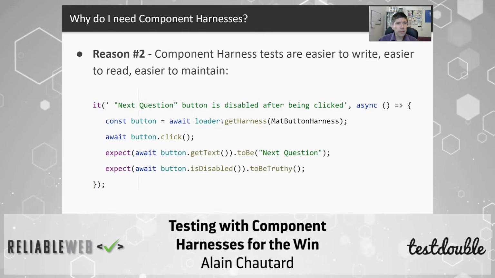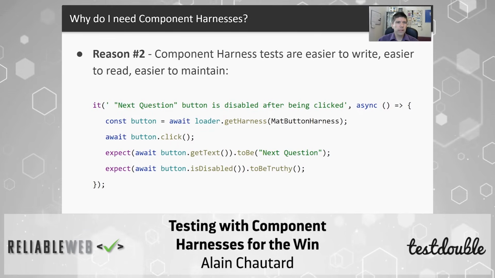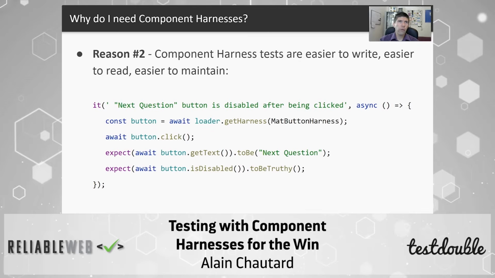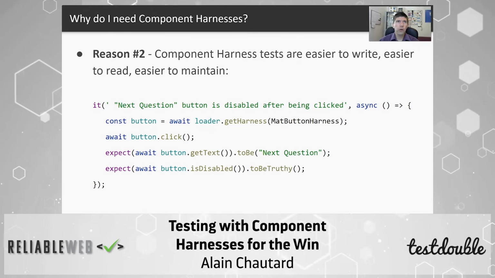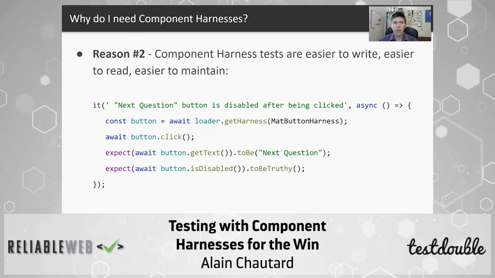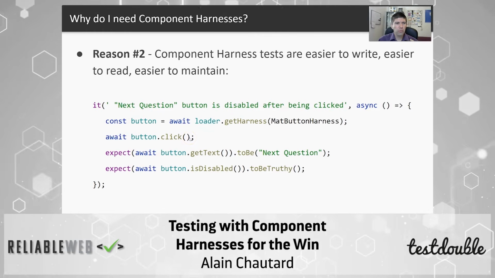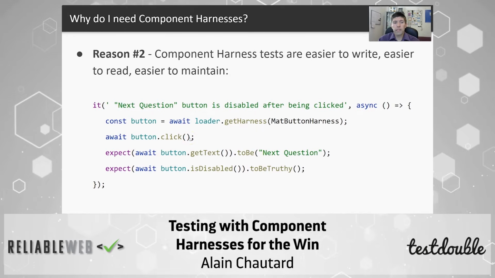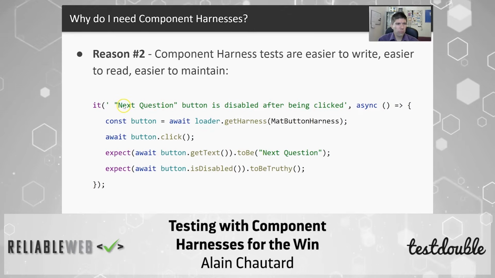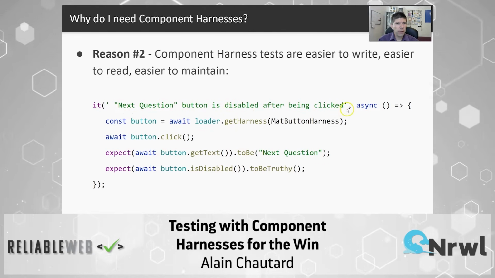Reason number two is that once you have these harnesses, your tests are easier to write, easier to read, easier to maintain. You remove a lot of the boilerplate, a lot of the selectors that are really difficult to read and that increase the complexity of the test, and the flow of the test just makes perfect sense. So an example of a test here: next question button is disabled after being clicked.